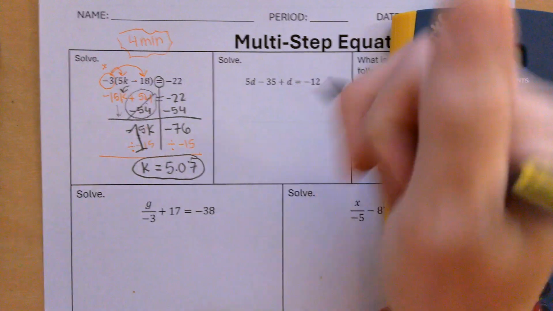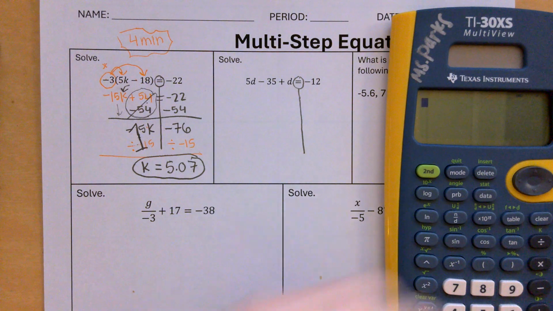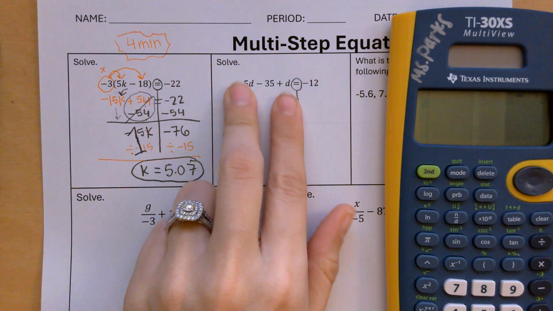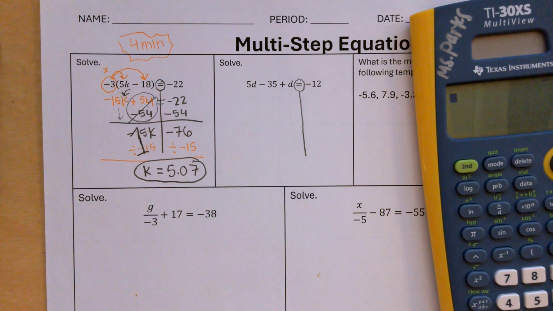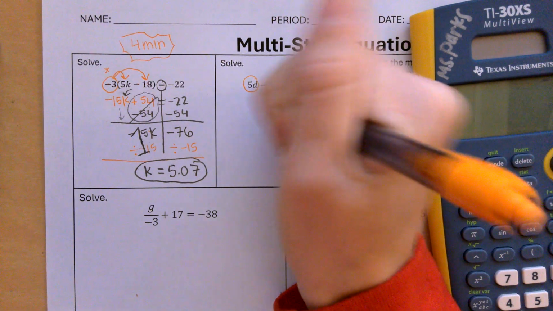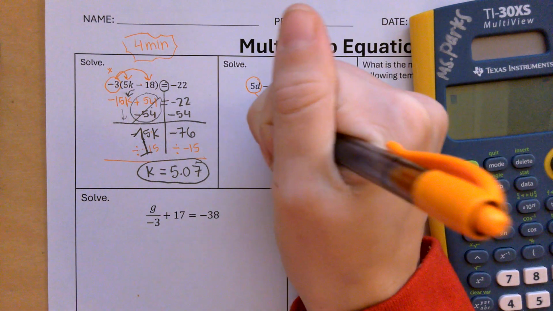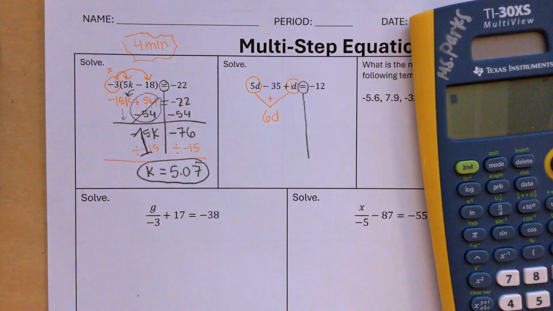We have an equation, so we're going to show that equation to balance and must remain balanced. We run into a problem. There are 2 letter D's, so we're going to combine like terms. 5D plus 1D will give me 6D.